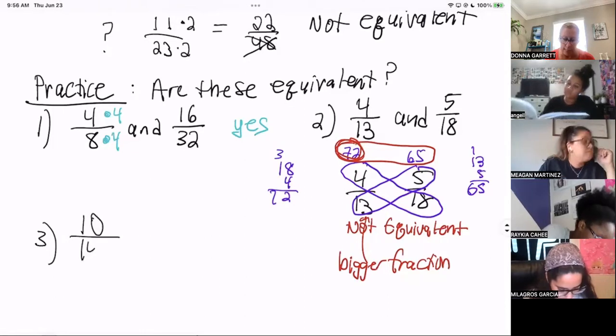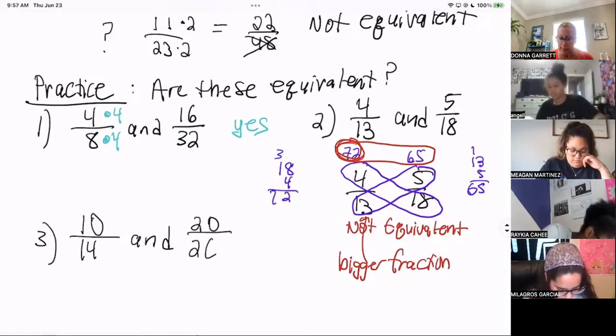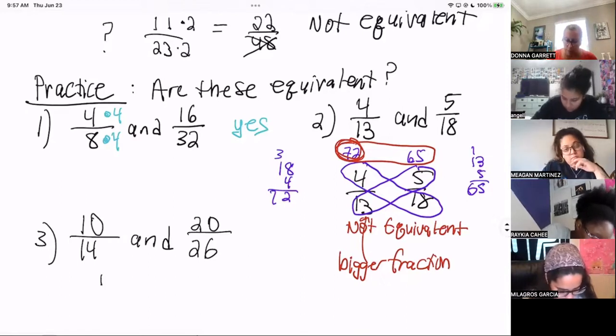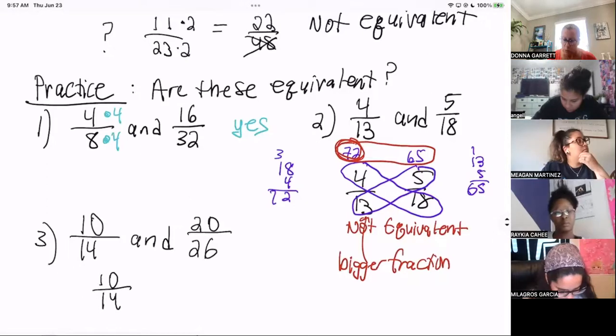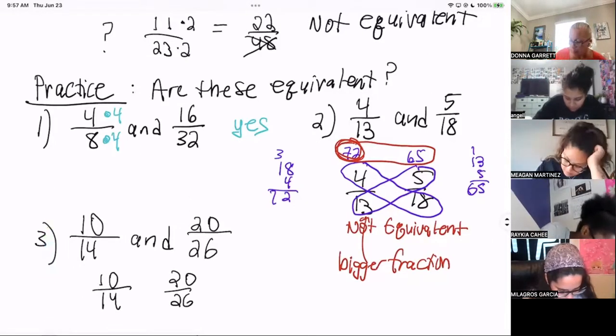10 over 14 and 20 over 26. Okay, so I'm going to write them next to each other because I'm going to cross multiply. Since I'm doing 10 and 26, my answer goes on top of the 10.